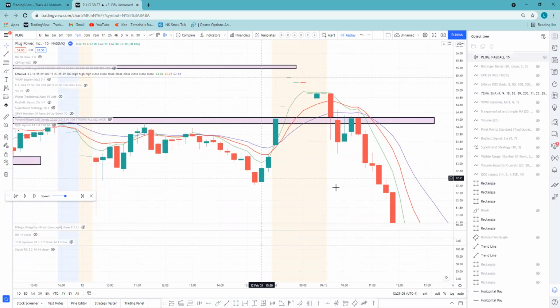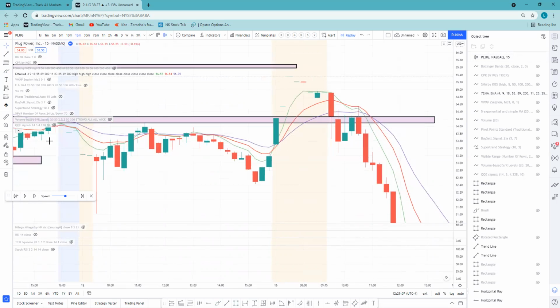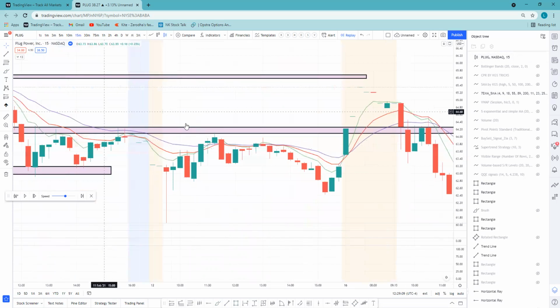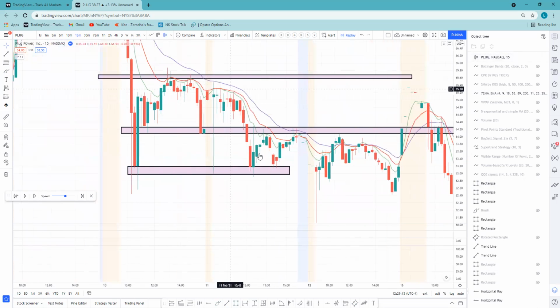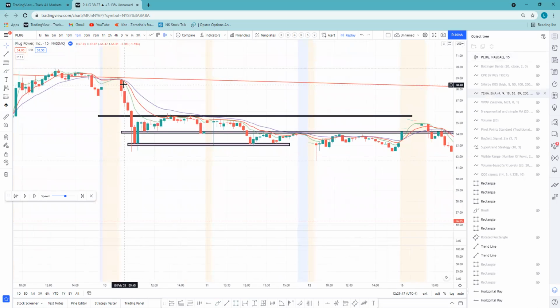Check it out: price was not able to break 18, not able to break 18. Price fell from this area, not able to breach 18, not able to breach 18. That means 18 is acting as a good resistance area. Does it make sense? That's how we combined the moving average, support, and the price action.